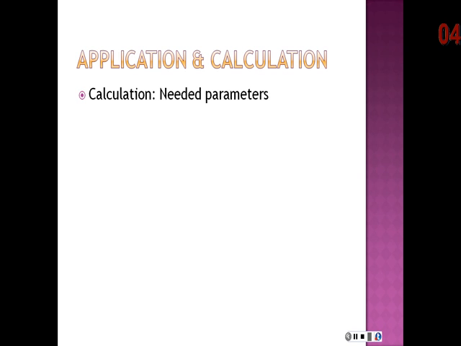So the parameters you need for this include the n, the mean, the standard deviation, and the standard error of the mean. And the standard error of the mean is calculated using the n and the standard deviation.